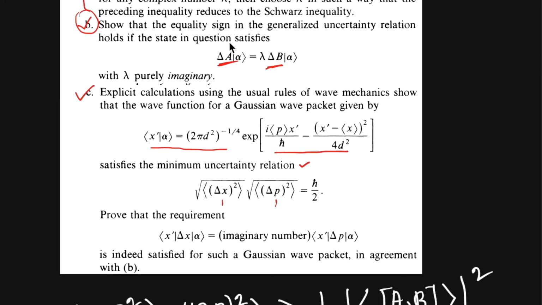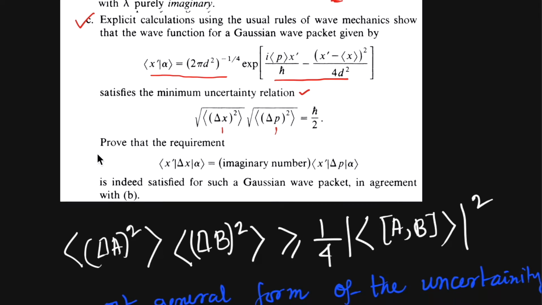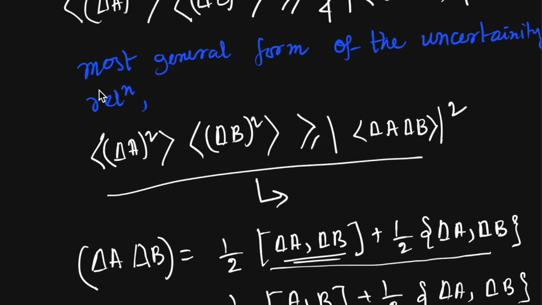That means when the dispersion of delta A and delta B follow this relation, delta A operator on alpha will give lambda delta B alpha, where lambda is a pure imaginary number.